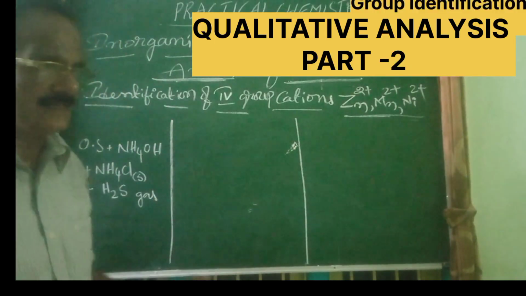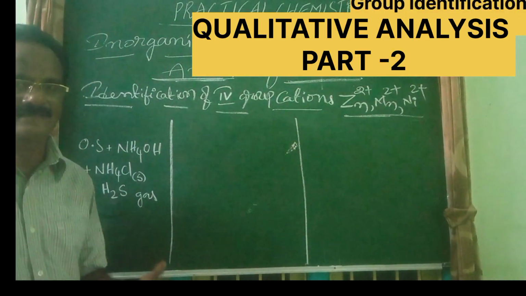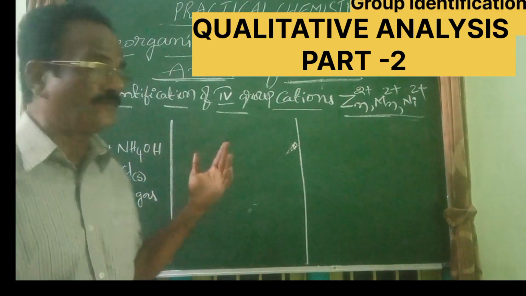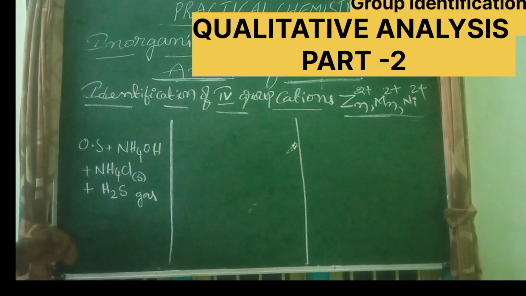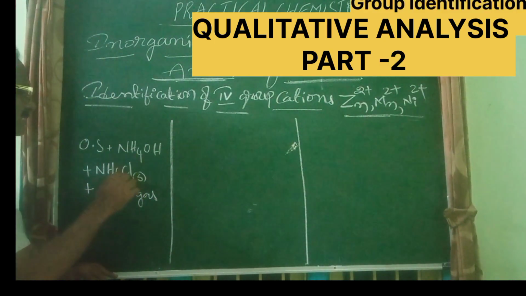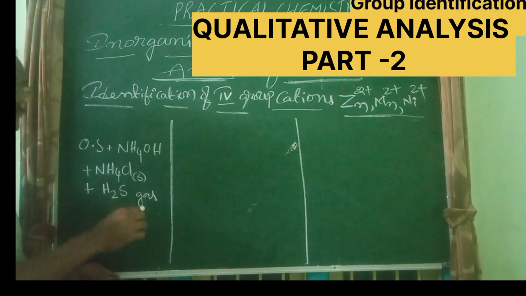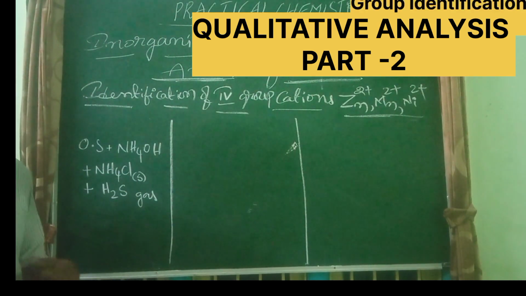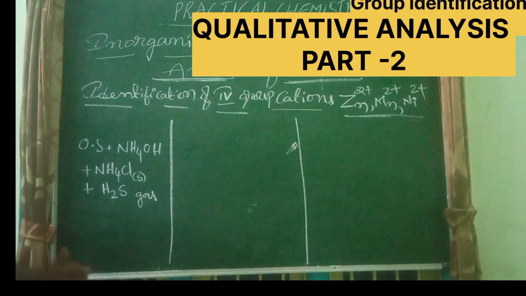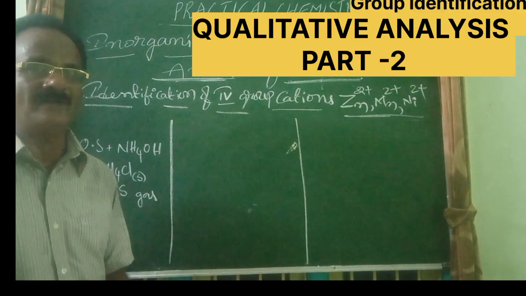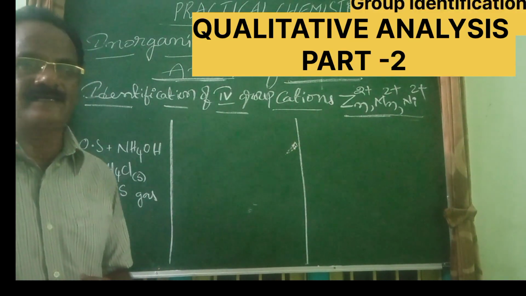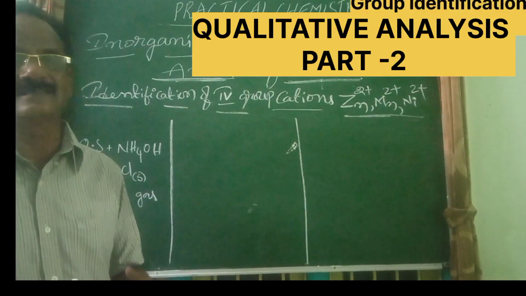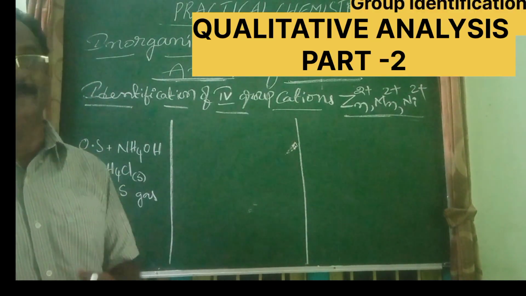Here, while we are analyzing for fourth group cations, observe carefully, NH4OH, NH4Cl and then H2S is added. Here we are adding H2S in basic medium. Keep in mind, the fourth group cations precipitate as sulfides in basic medium.